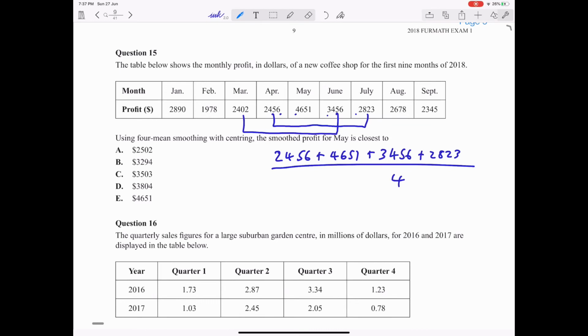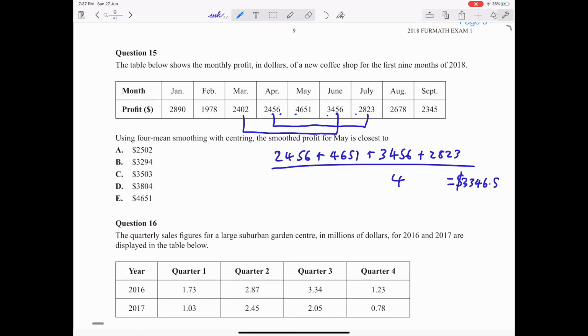So do that on your calculator, and you'll get a value of 3,346.5, so that'd be in dollars.